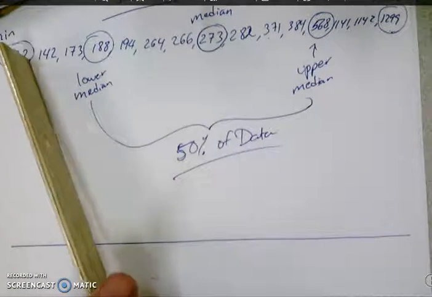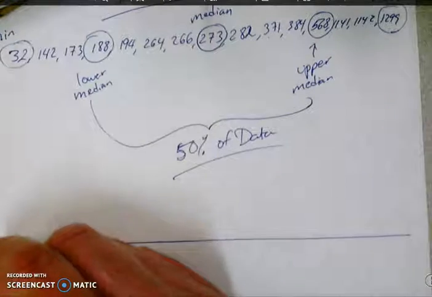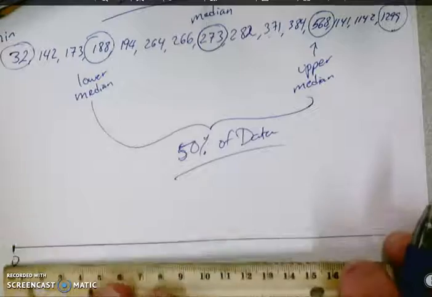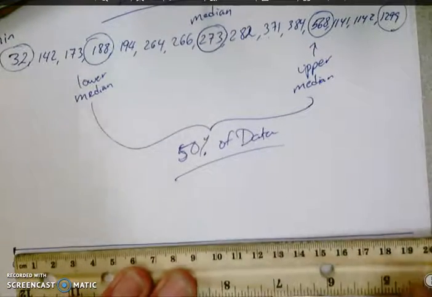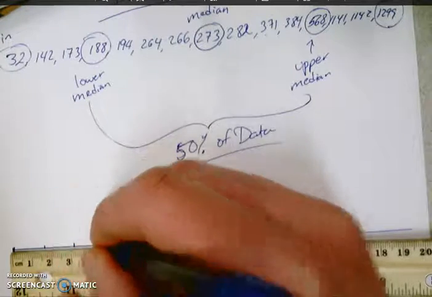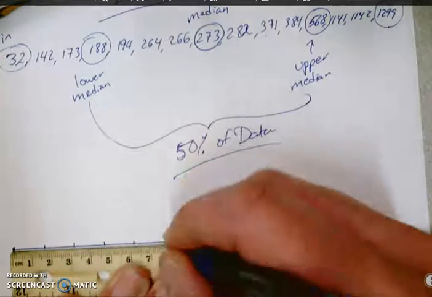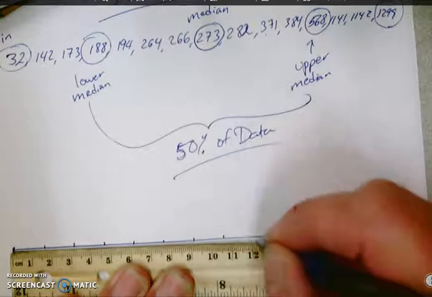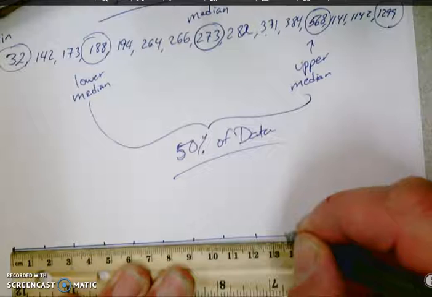We need to go from 32 all the way up to 1299, so about 0 up to about 1300. So we'll space it evenly. It doesn't have to be perfect, but the more accurate it is, the more we can tell from our graph.